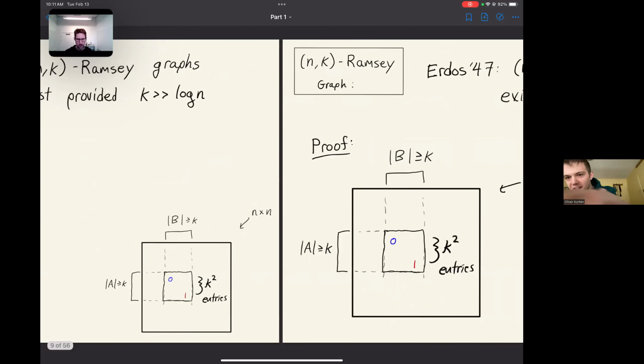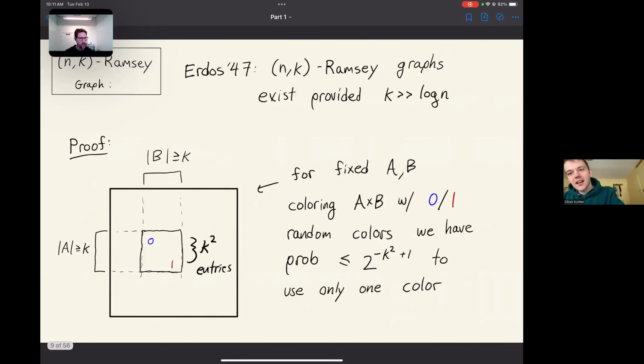If I look at some fixed columns, that defines a matrix which has k squared entries. Them has size k. And so for me, the entries at random, the probability I make all of those the same color, that's just exponential of negative k squared, because that's how many coin flips were involved.